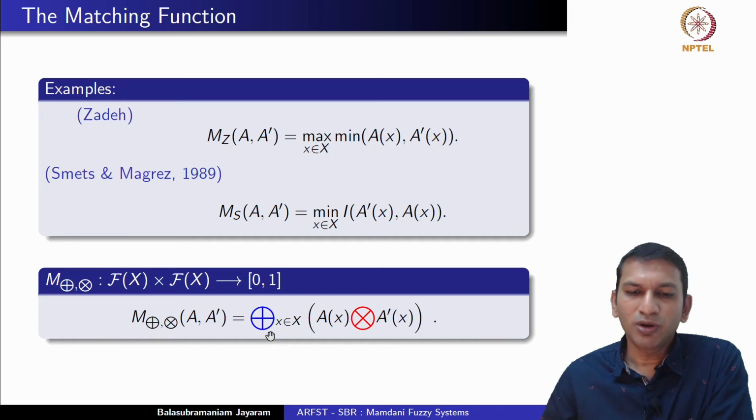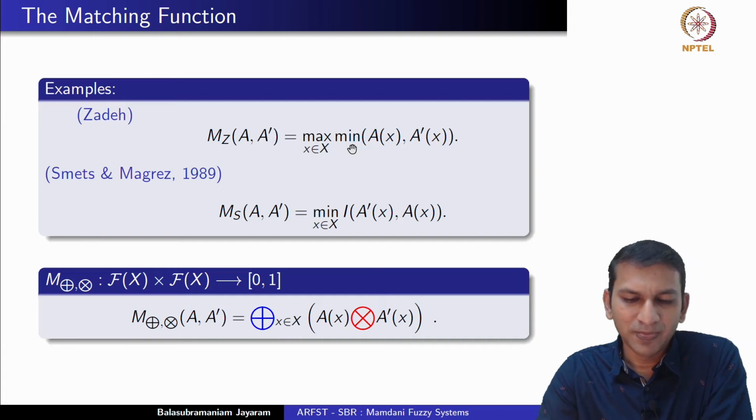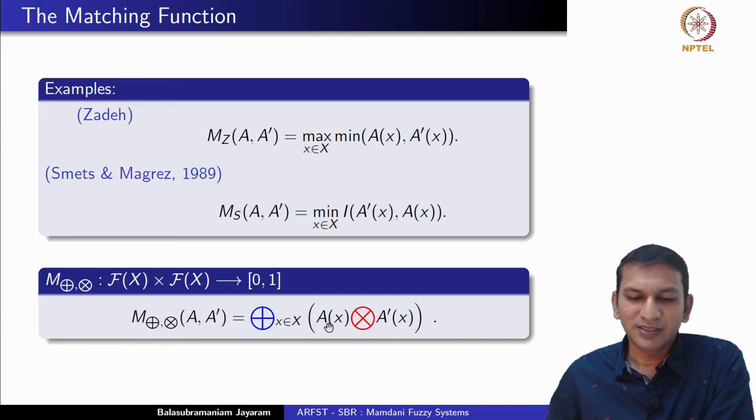So essentially it is more like a composition. In fact, Zadeh's maximum matching function is essentially the maximum composition of two vectors. So when you look at it like this, it is in some sense a generalization of composition of two vectors. So you need two operations here, and that is how we can look at them.